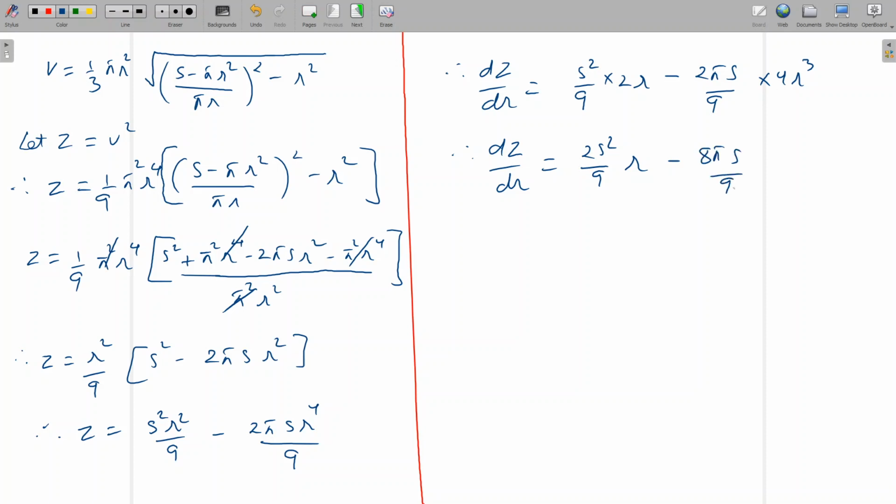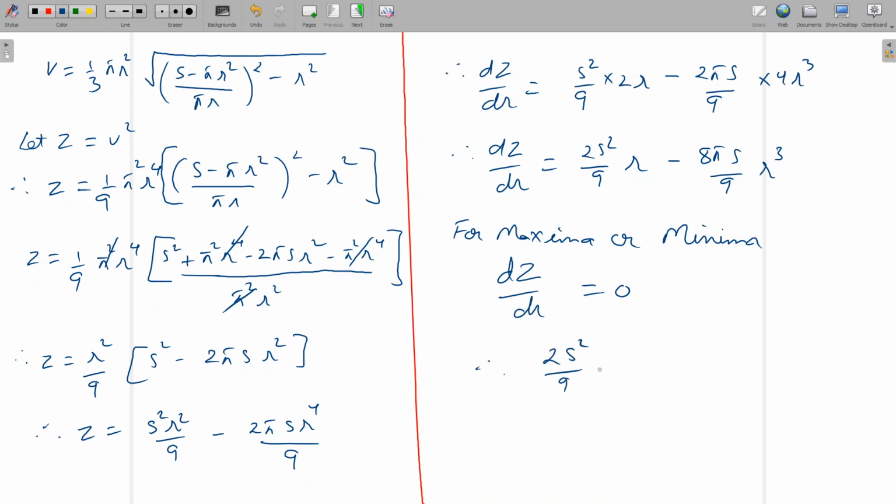Now for maxima or minima, we must have dZ by dR equal to 0. So dZ by dR equal to 0. So therefore 2 S square by 9 into R minus 8 pi S over 9 into R cube equal to 0.